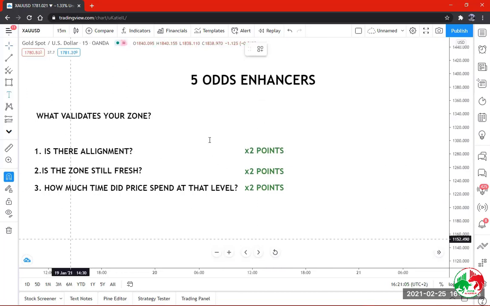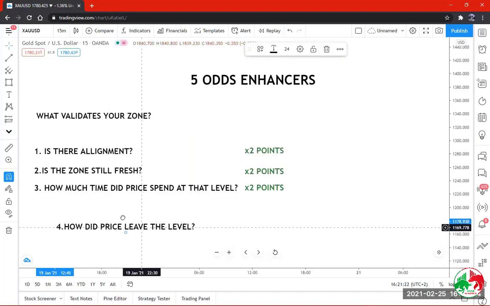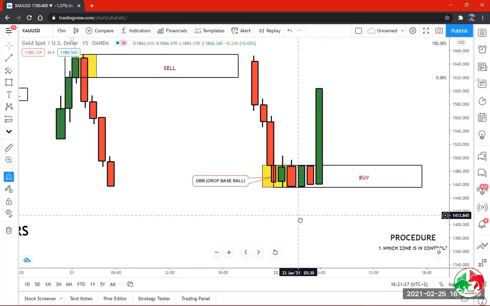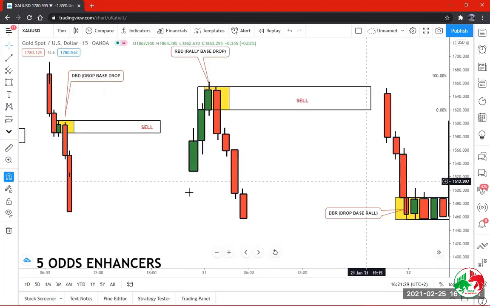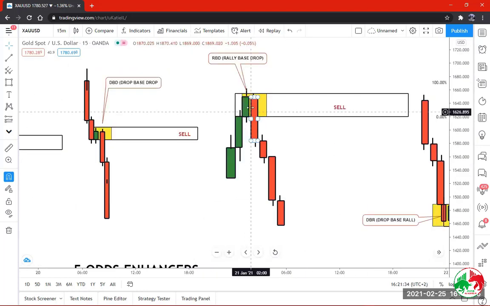So now the first question will be, how did price leave the level? So if this is my base, I'm looking for a strong move away from the level.